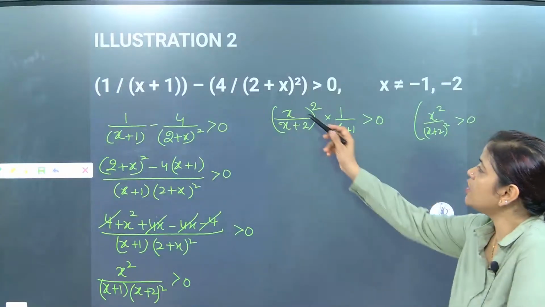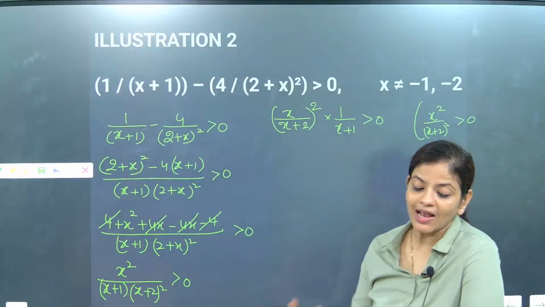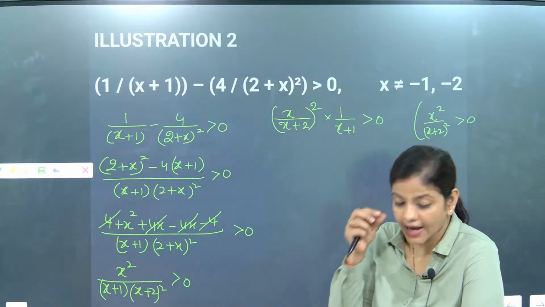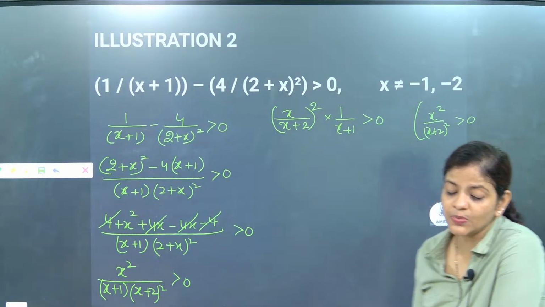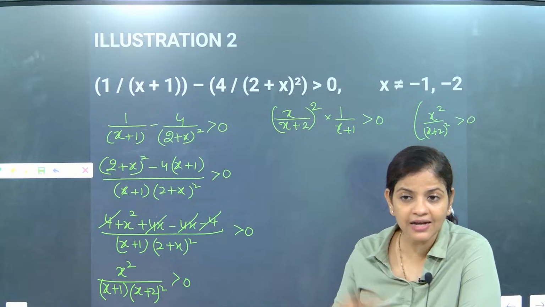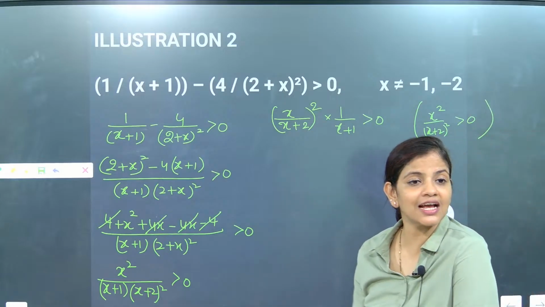So whether x is a negative number or a positive number, the value will always be greater than 0.